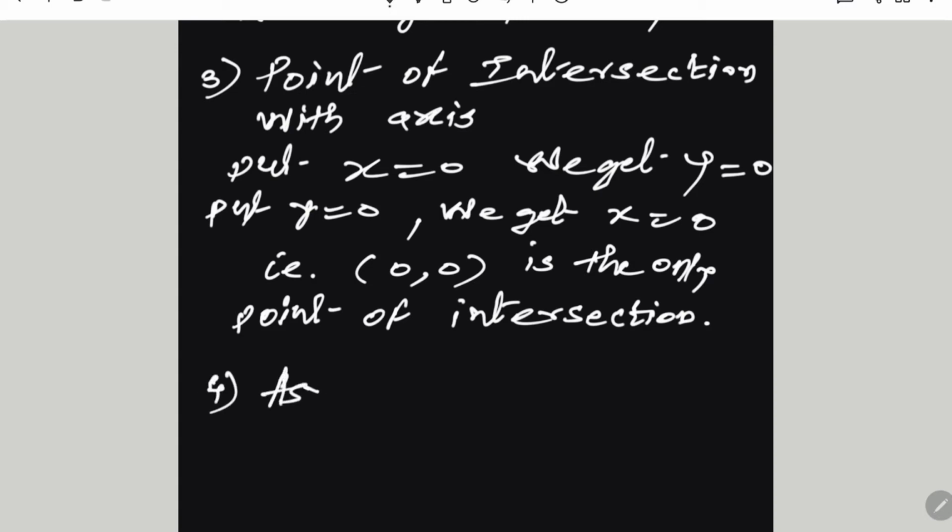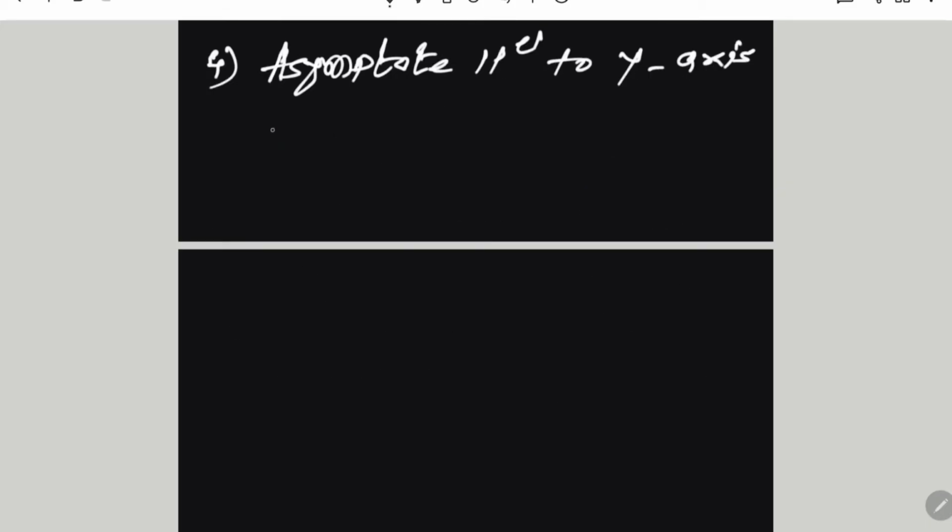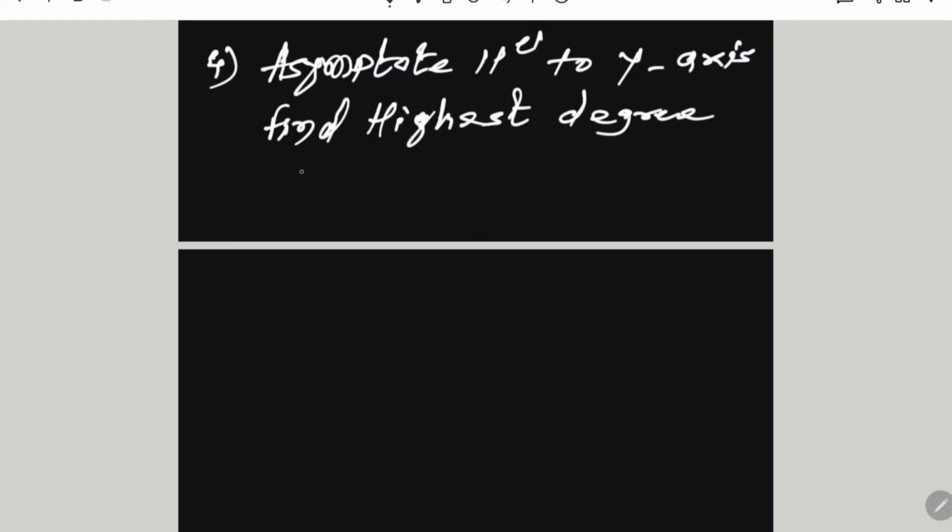Then fourth point, asymptote parallel to y-axis. Procedure is that we have to find the highest degree term in y. Here the highest degree term is y square multiplied by x square minus a square.